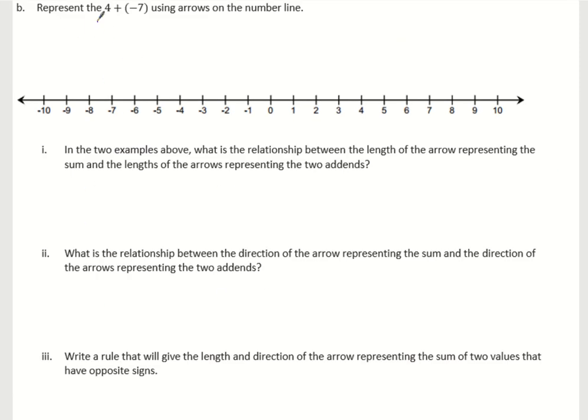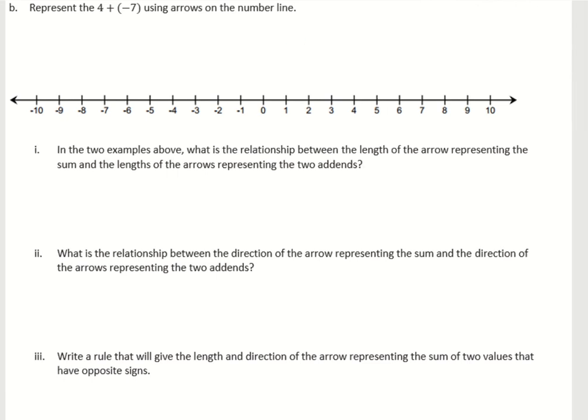This time we're going to represent 4 plus -7. Well, first things first, I need to represent my 4. I start at 0, and it's going to be 4 long. And my second arrow is going to be -7. So it's going to be 7 to the left.